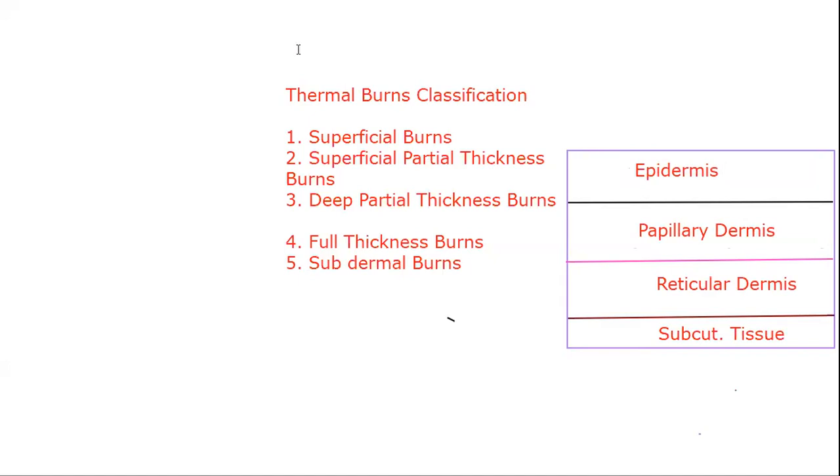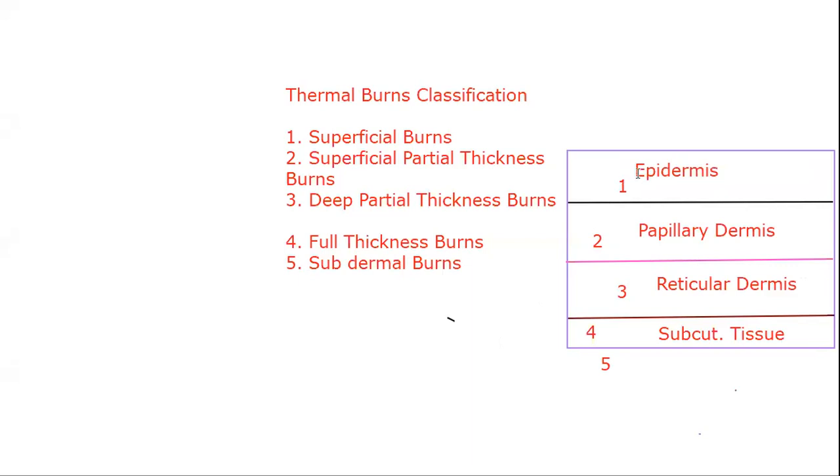Superficial burns obviously involve the epidermis. This is 1. This is 2, that is superficial partial thickness burns. This is 3. This is 4, and if the region involves everything, this is 5.